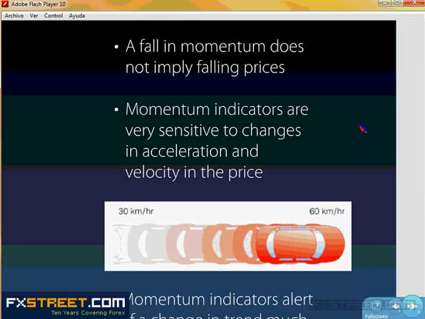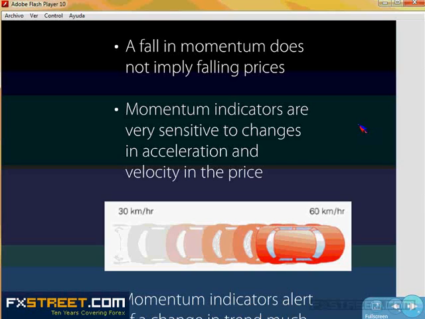The car can still drive in the same direction, but there is no more acceleration, and the velocity has become a constant. The speed, in technical analysis, is so to say the distance covered over time. We shall see examples of that in a moment, but it's the distance covered over time. Speed is also a more sensitive measurement than price level.